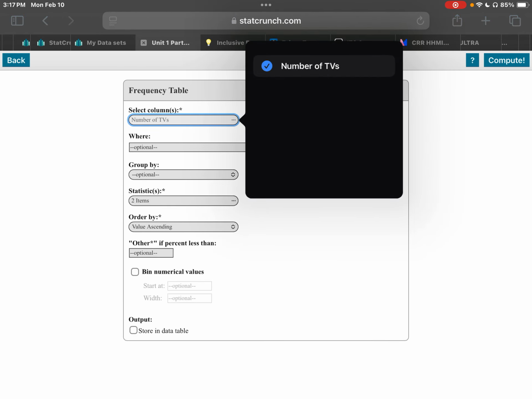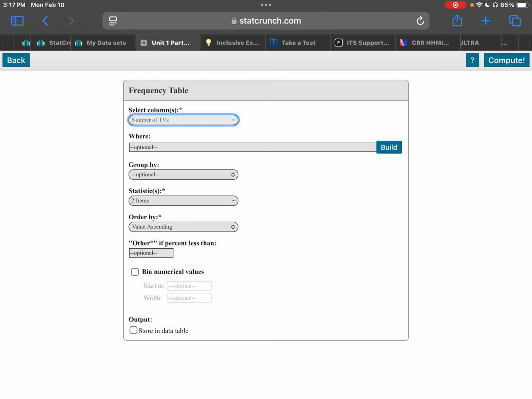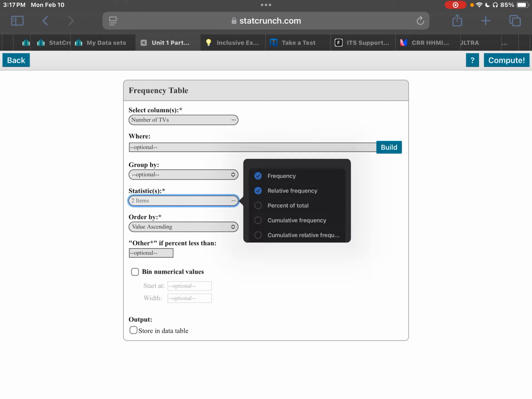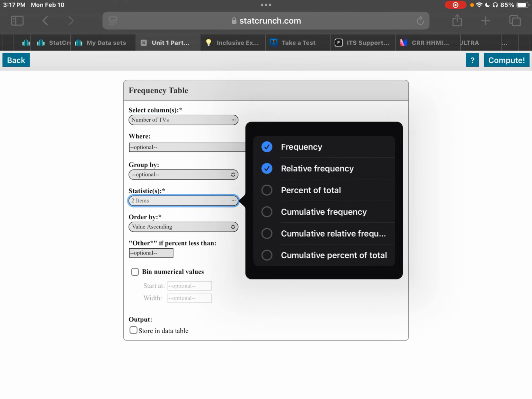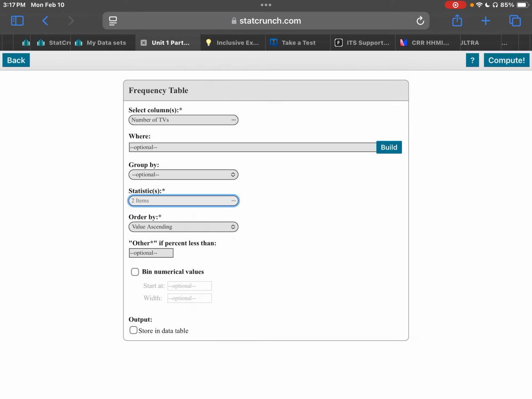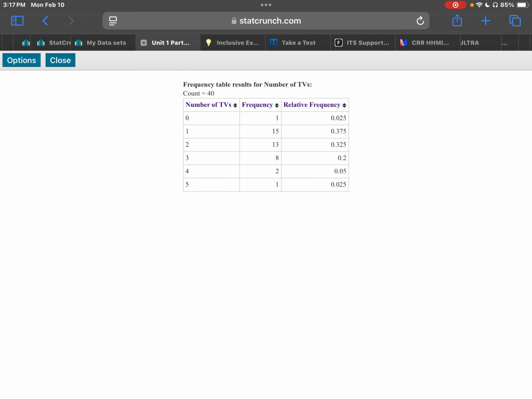The column will be that number of TVs, and we want the statistic to be the frequency and relative frequency, so I'll leave them both in there. Hitting compute will give us this table, involving the frequencies and the relative frequencies based on the number of TVs within the household.